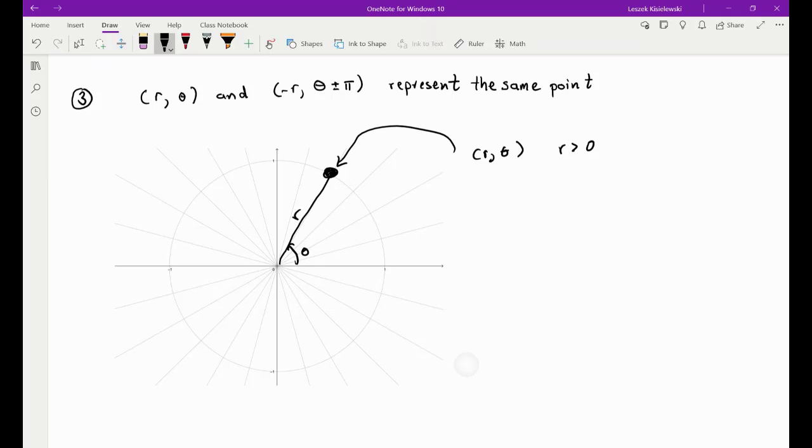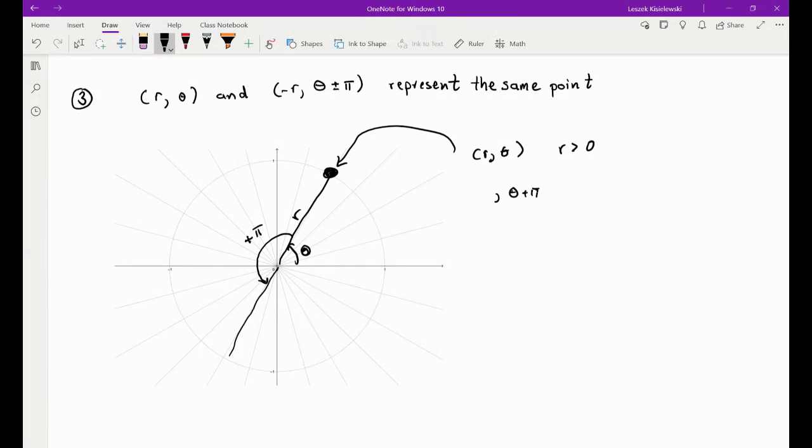So what we can do is, instead of going all the way around and making a full revolution, we can just make half a revolution. Right. So we're going to start with theta, and we're going to make a straight edge here. So we're going to add pi, or 180 degrees.